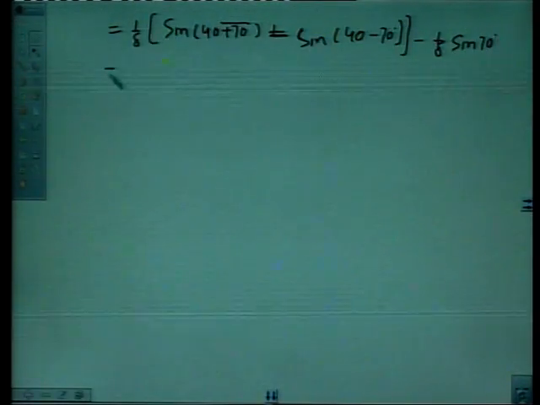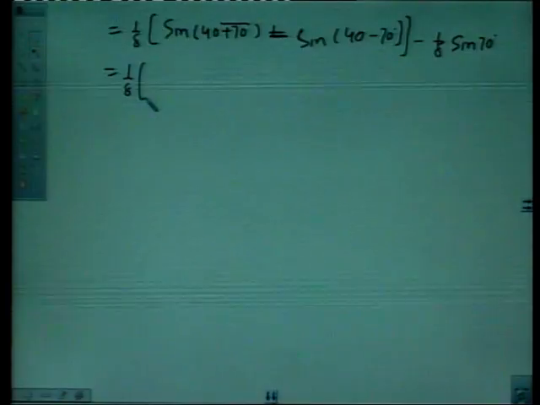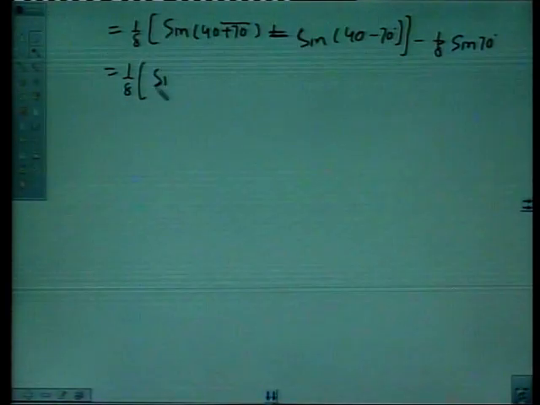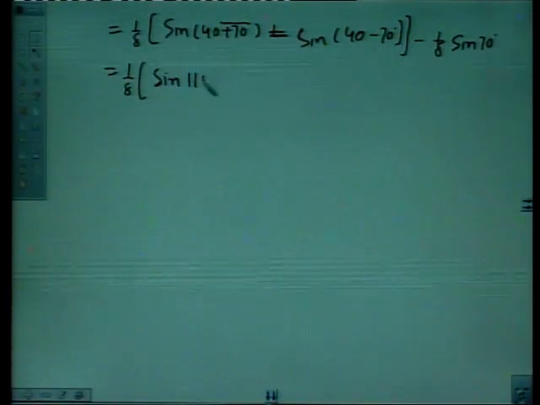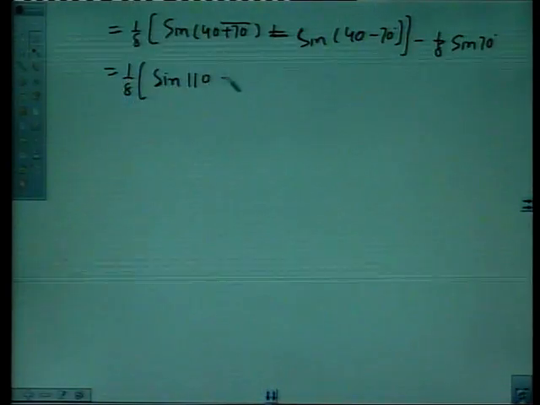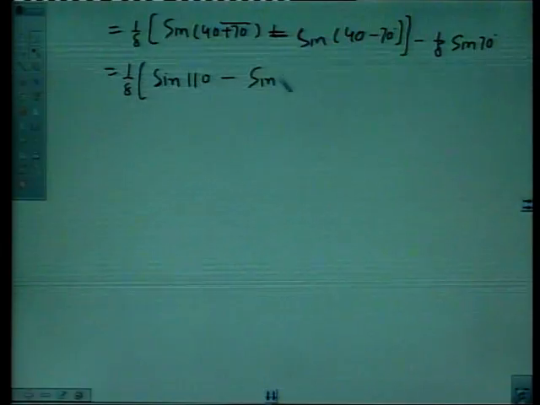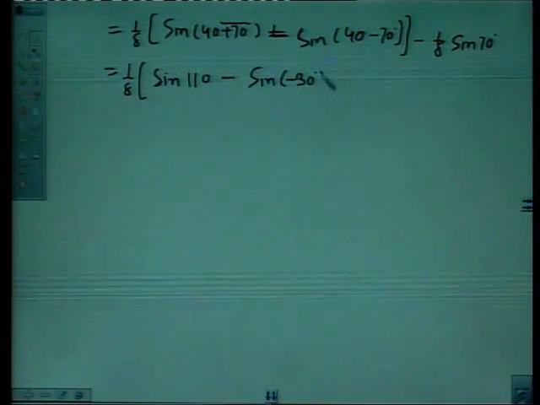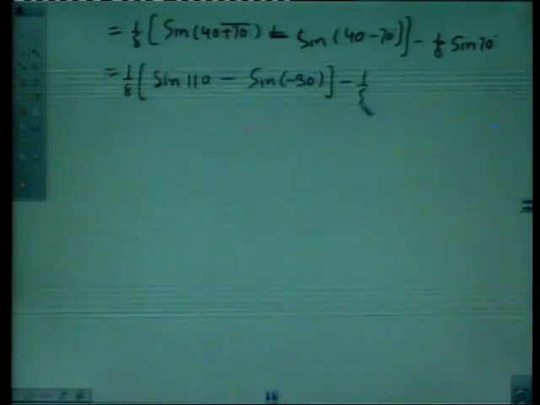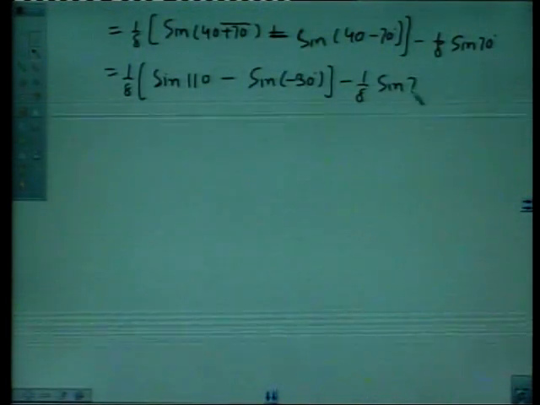So this becomes 1 by 8, sine 110 minus sine of minus 30 degree minus 1 by 8 times sine 70 degree.